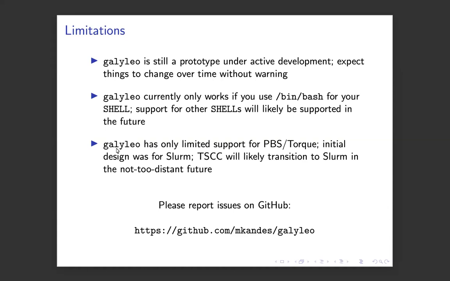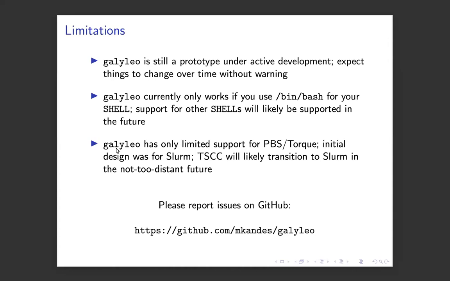And one example is the different support for different environment shells. So if you're not using Bash as your shell, Galileo is not a solution for you right now. Essentially, it used to be, but we added so much to it that was too Bash specific that we need to scale that back or come up with other solutions to make the shell support more distributed or more compatible with other shells.